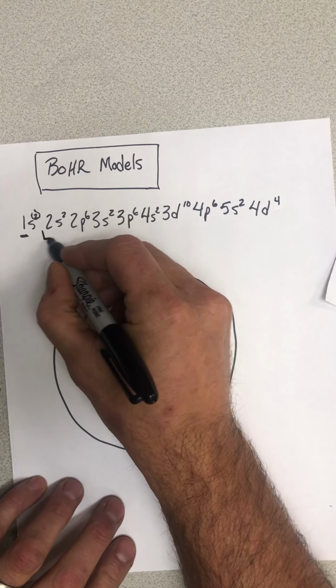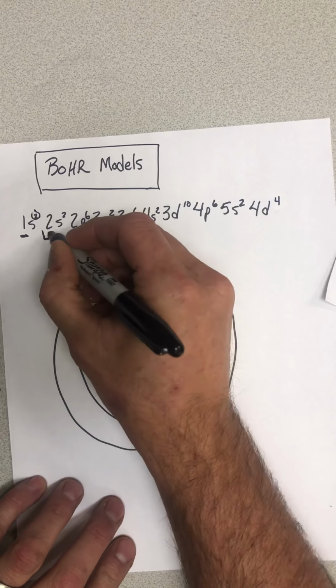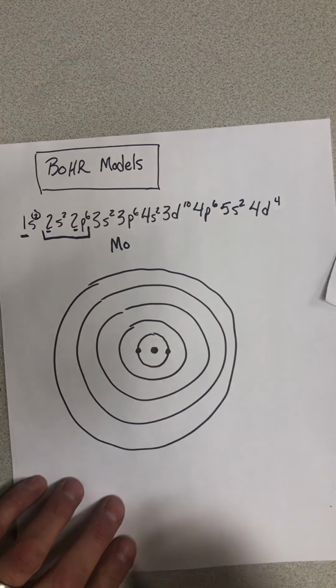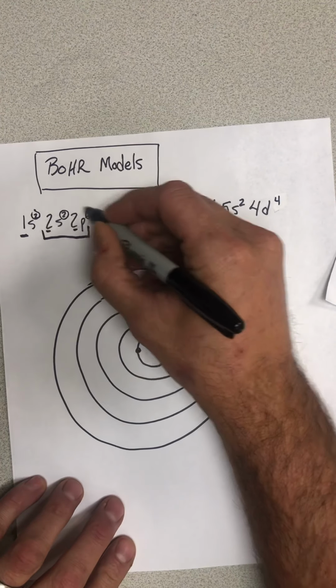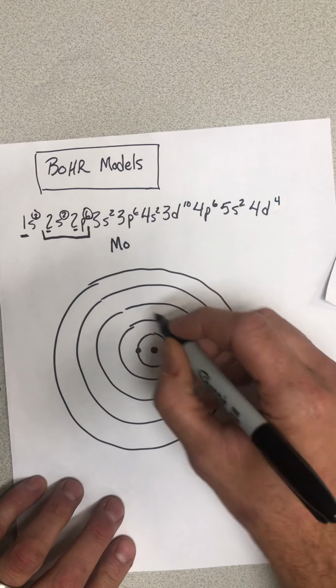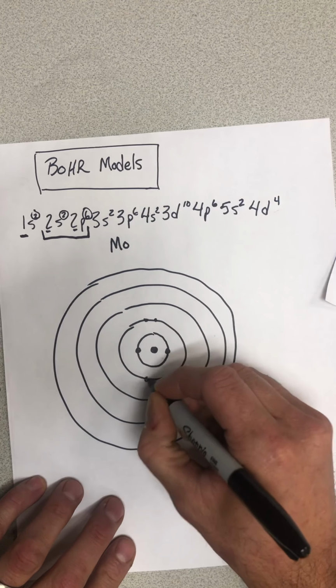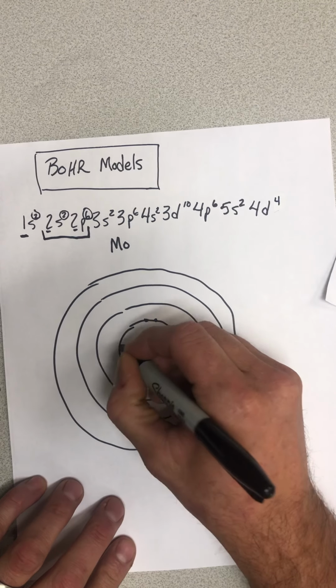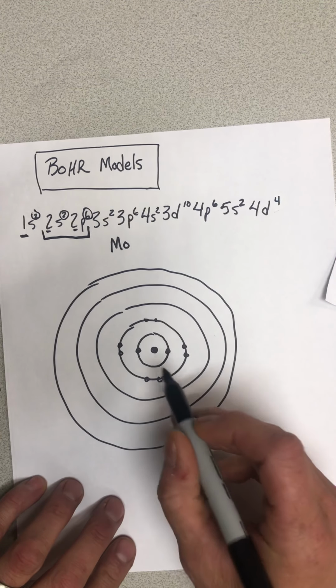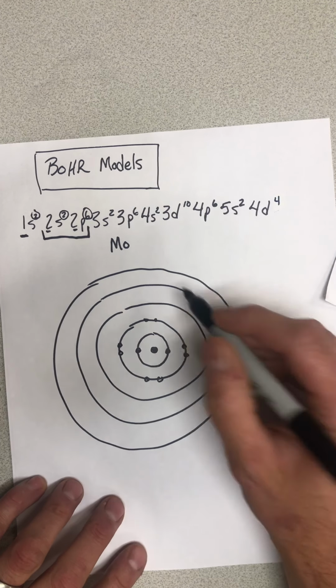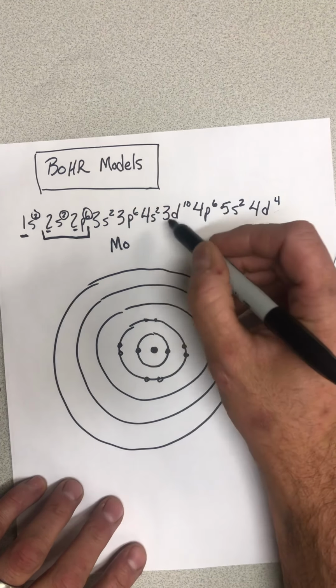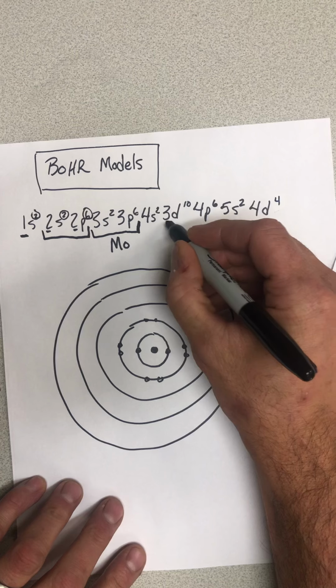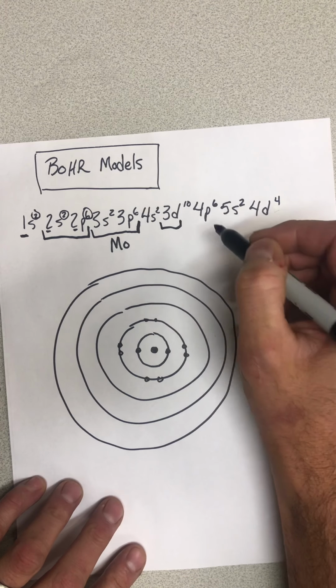Our second energy level is actually both of these. We see a 2 here and a 2 here. So we need to add up these superscripts here. 2 and 6 makes 8. Okay, that's good. In our third energy level, you have to be careful here because the third energy level is these 2, and it's also going to include this one, but not yet.